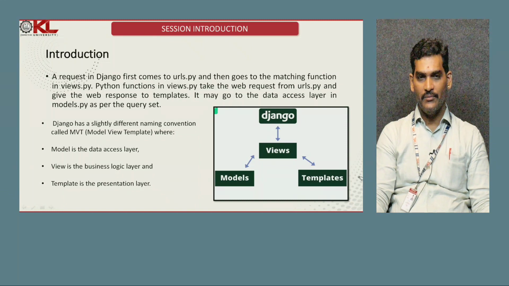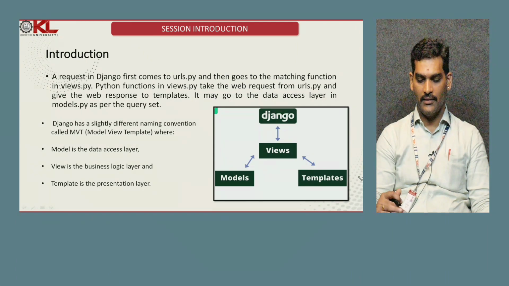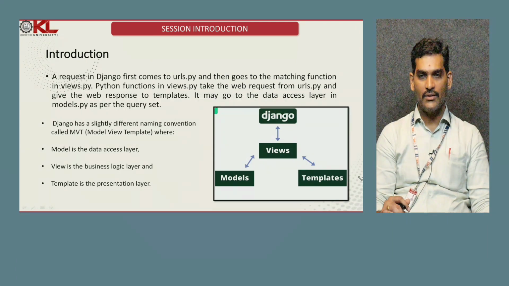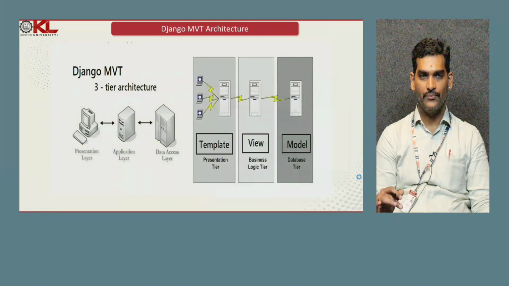Views are in the business logic layer, templates in the presentation layer, and models in the data access layer. Like that, Django follows the MVT architecture, that is model view template.